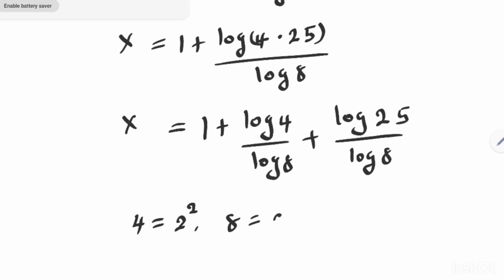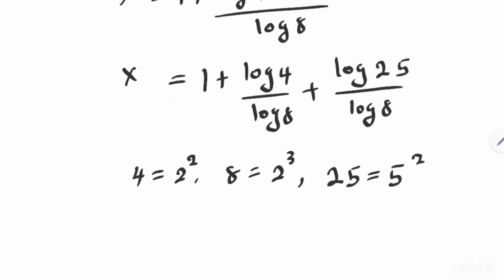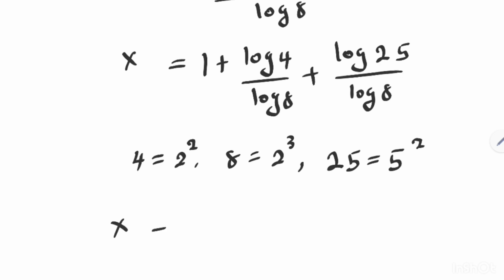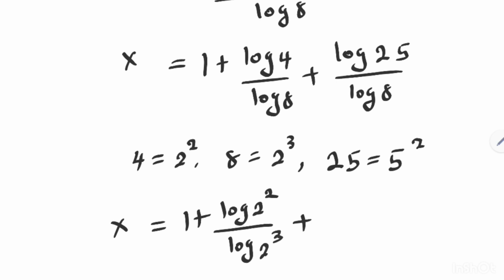8 is equal to 2 raised to power 3. Then 25 is equal to 5 squared. x is equal to 1 plus log 2 squared over log 2 raised to power 3 plus log 5 squared over log 2 raised to power 3.